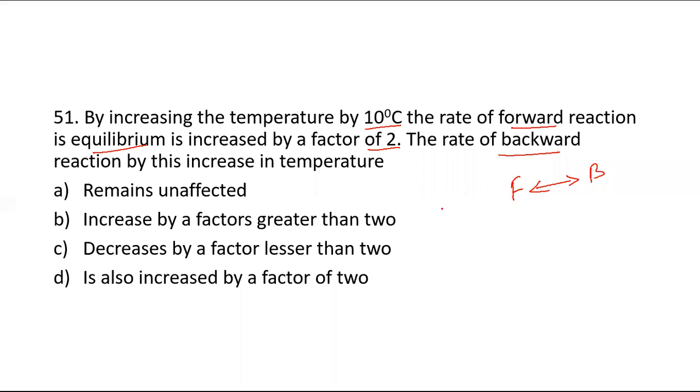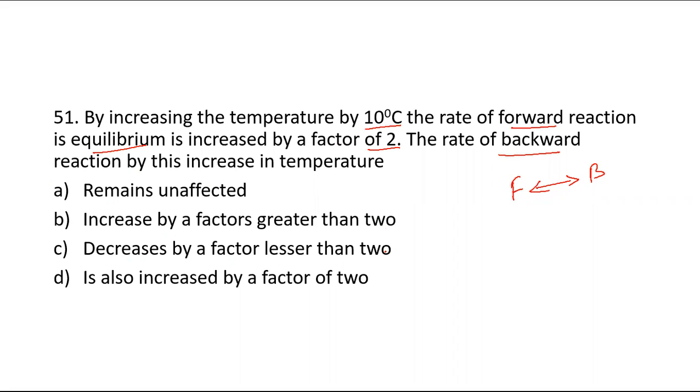So what happens, it remains unaffected, because if it is a forward single directed reaction, then it would have been affected, but as they have mentioned it is in equilibrium, it remains unaffected. There is also one more option, it remains unaffected, but it is the factor of 2.